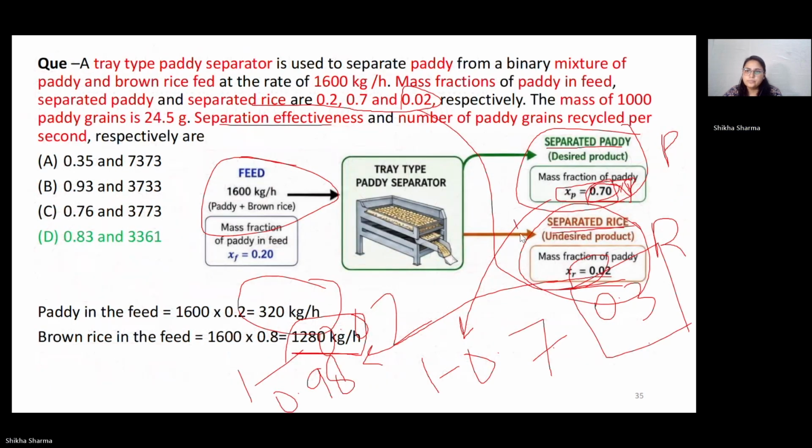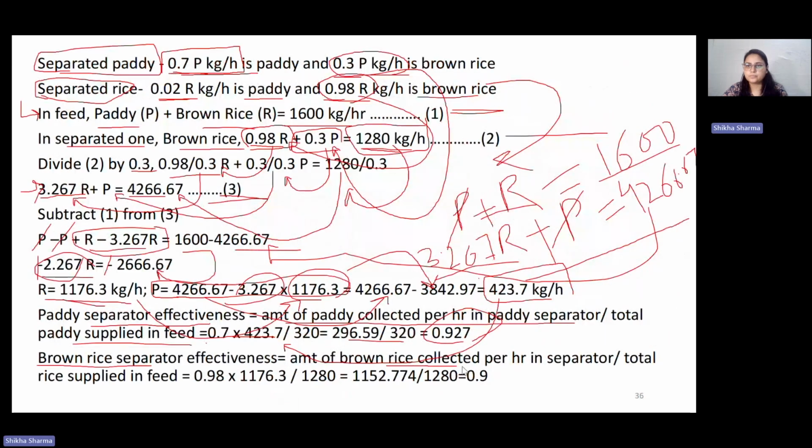This one would be the amount of brown rice collected per hour in the separator divided by the total rice supplied in the feed.